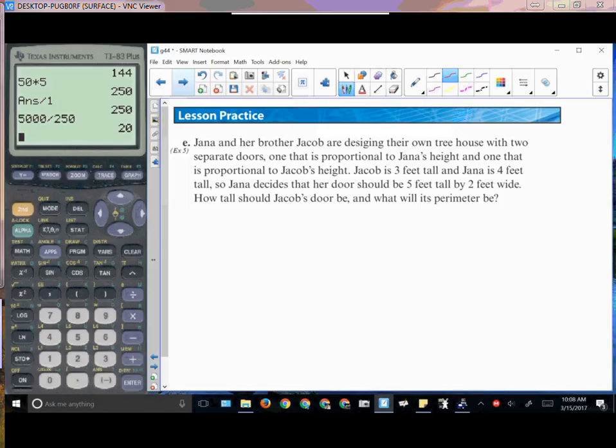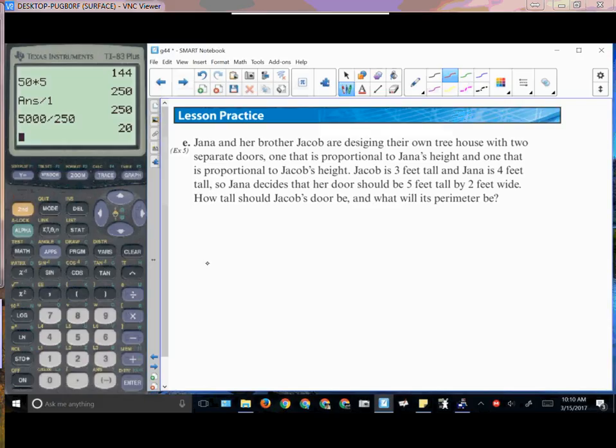All right, here I go. Let's see if I can figure this out. So they're designing a door for the treehouse with two separate doors, one that is proportional to her height and one that is proportional to his height. Okay, so Jacob is 3 feet tall and Jana is 4 feet tall.